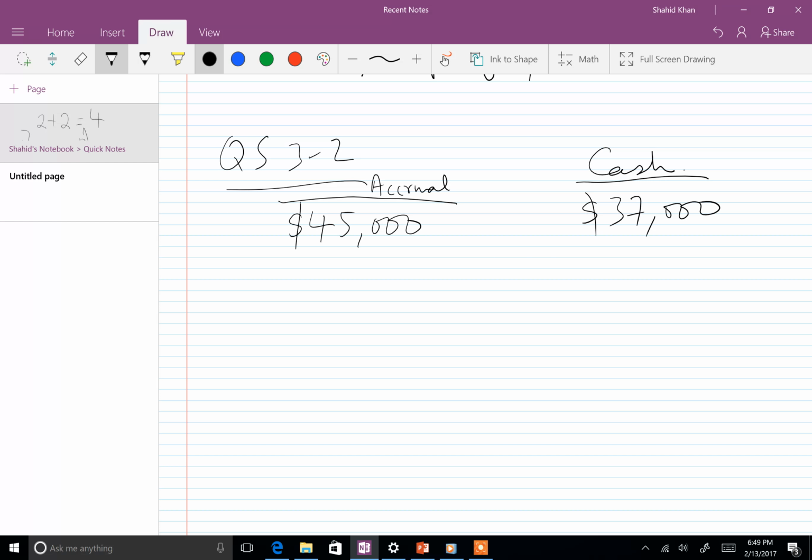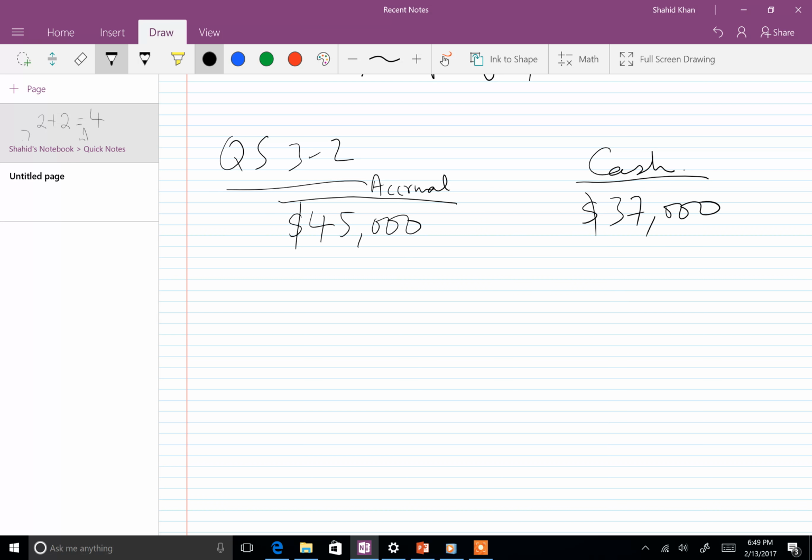If it was an airline company, that means the airline, let's say Roma is an airline company, has provided the service of travel to the passengers. So this is how you defer.